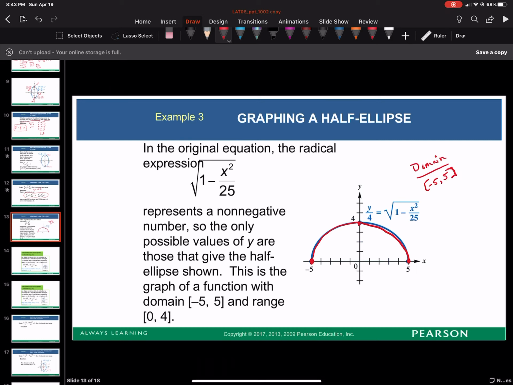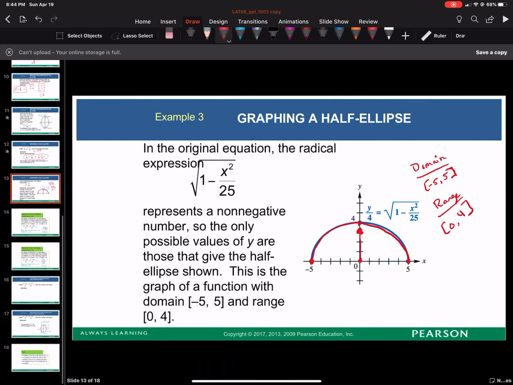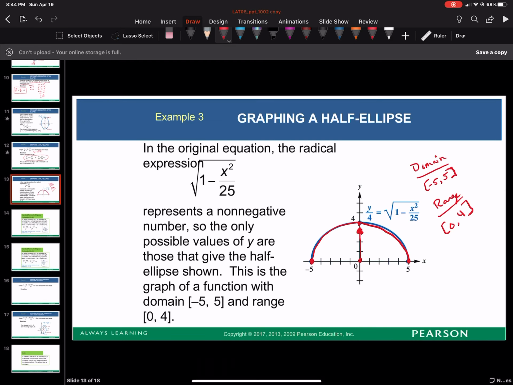Then my range should only be from the origin, which is 0, so my range should be from 0 to 4, because we have this point here, then we go up to that point. So 0 to 4. Make sure you ask if you have any questions about this. This is something you could put right in the calculator once you put it in the correct order.